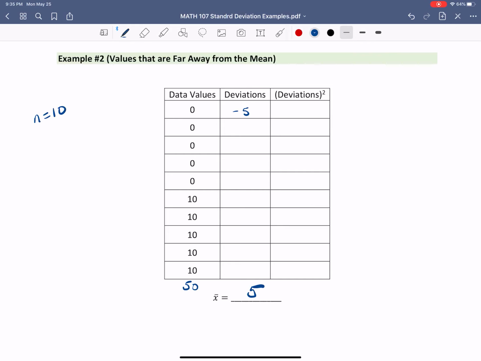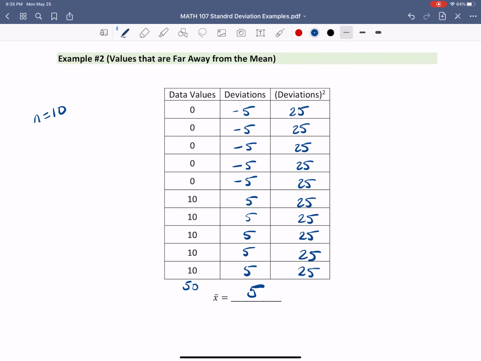So that means these deviations are all the same, negative 5. And these are all 5. So the deviation squared is 25 for all of them. So this is an interesting result, isn't it?